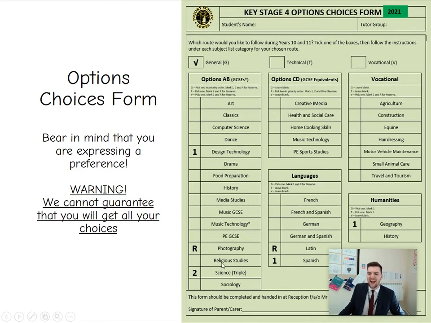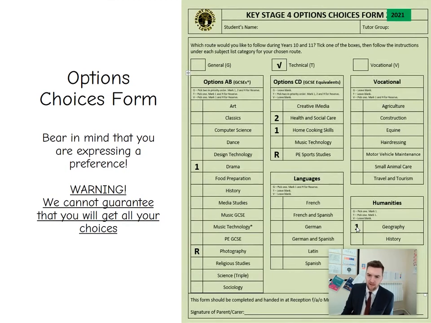But I've also thought, hang on a minute, if I don't get DT, I'm happy to do photography. So I put it as a reserve. I've then got to choose one language. I've decided I really like Spanish, but I don't mind having 3 hours or so with Mr. Holt a week if not. So I've put Latin as a reserve. I obviously am not putting anything as technical or vocational because I'm choosing the general route, and I've decided on geography.